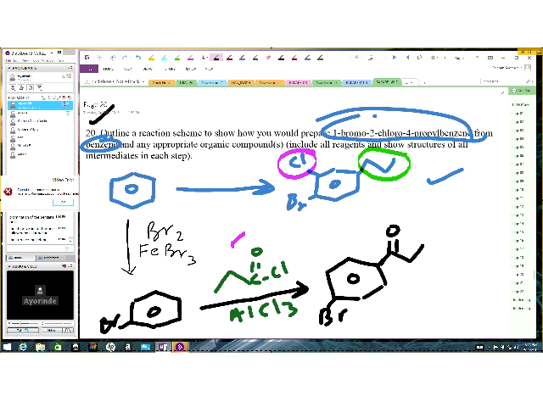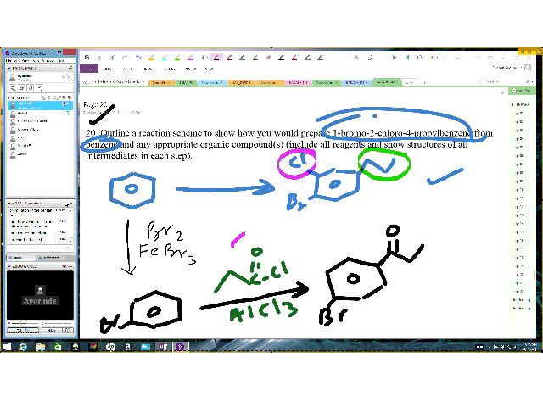So now you have this in the para position. Now Chelsea says, then reduce the carbonyl. What reagent are we going to use to reduce the carbonyl? I'm not saying this is correct, but let us see.